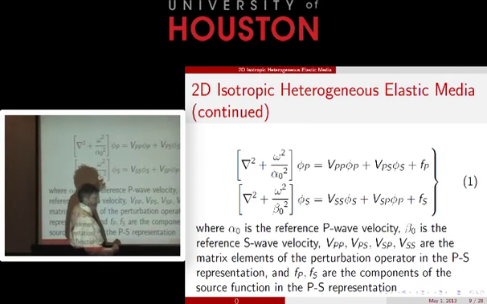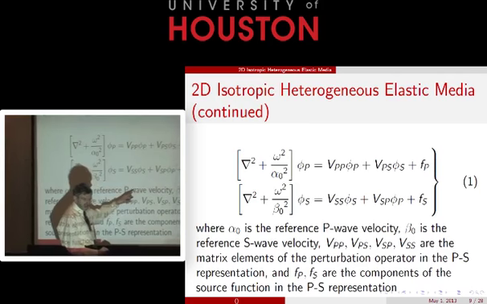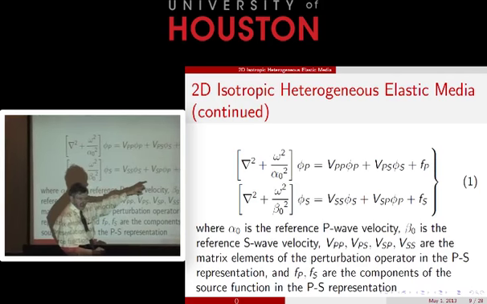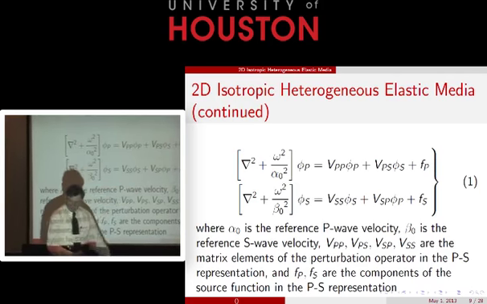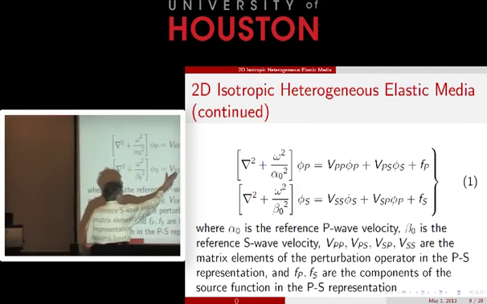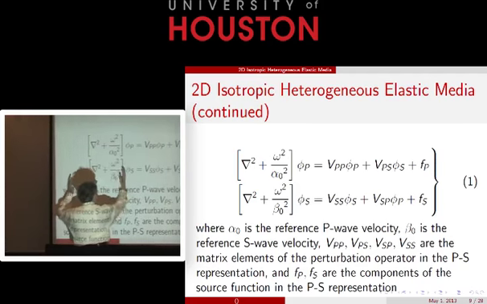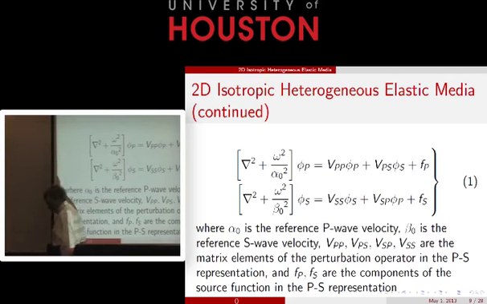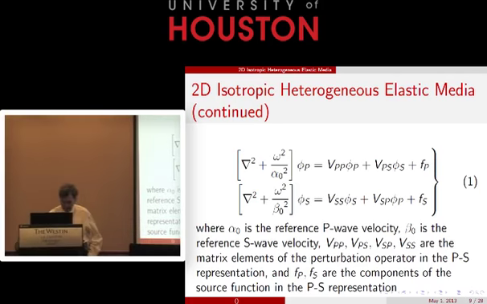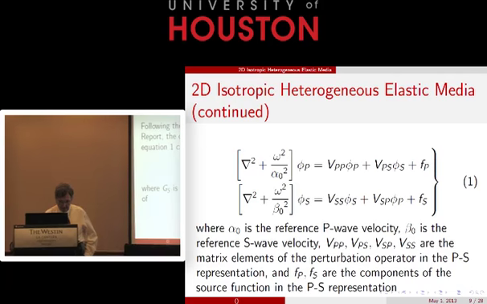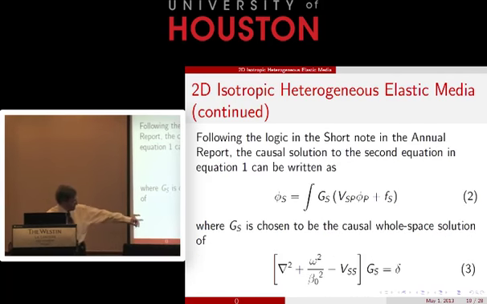Bring this over first, and then invert that. Then you have phi S in terms of phi P and FP. Clear? Bring this one over, and then invert that operator, that's the only thing here. So that GS is that operator. Okay, like that.